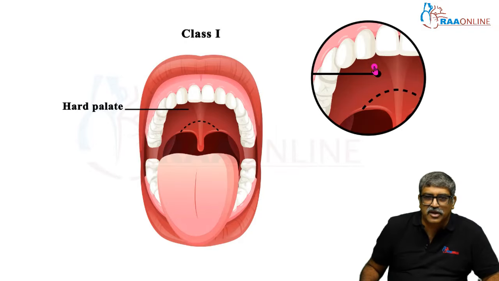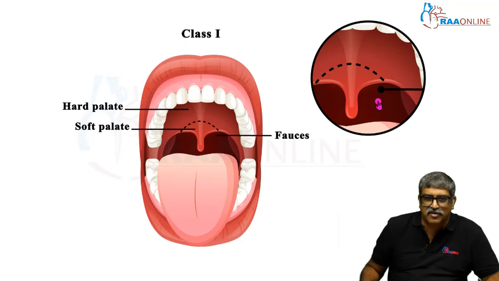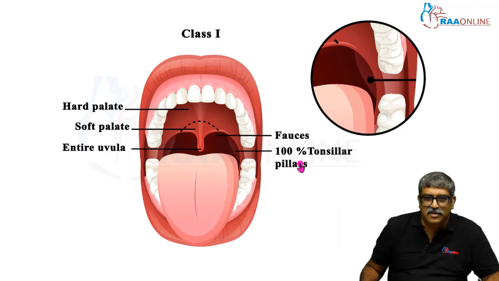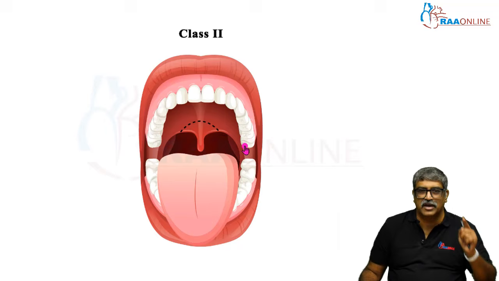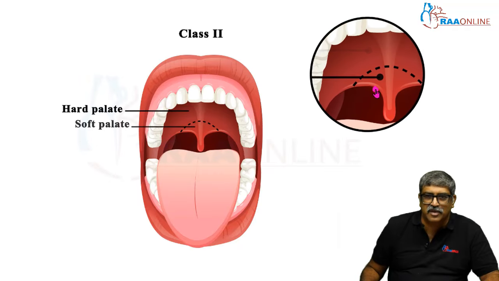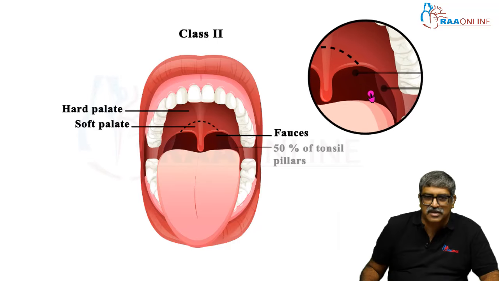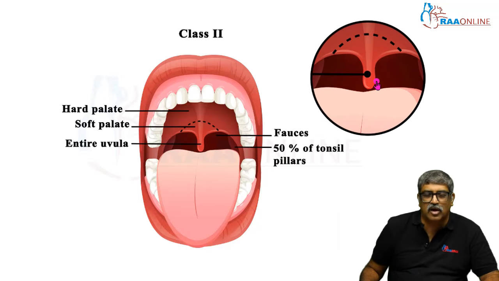So in class 1, you can see the hard palate, soft palate, you can see the fauces, you can see the entire uvula and full tonsillar pillar. 100% tonsillar pillar will be visible in class 1. Coming to class 2, the tongue is bigger, the hard palate is visible, the soft palate is visible, your fauces can be seen, 50% of the tonsillar pillar can be seen, and the uvula also is visible.